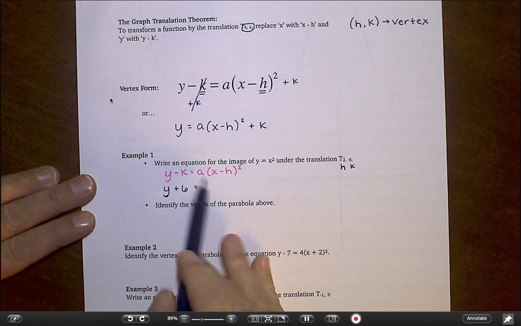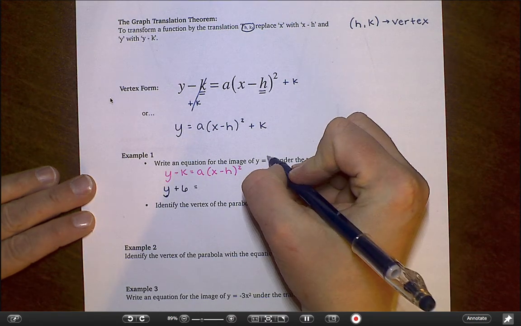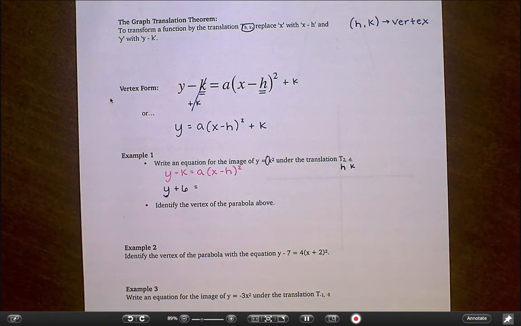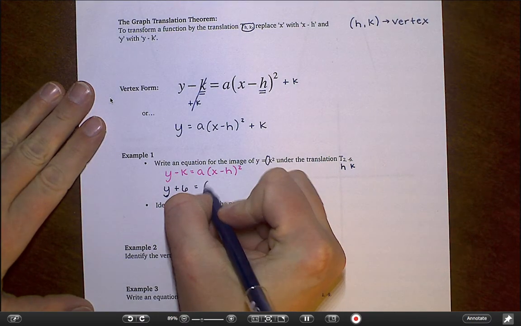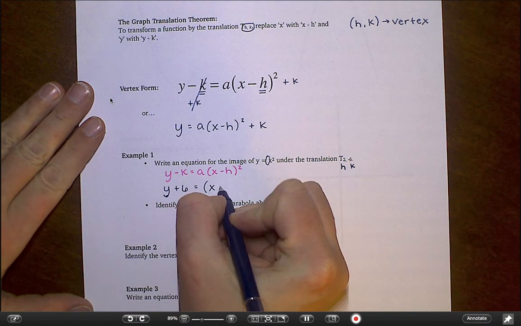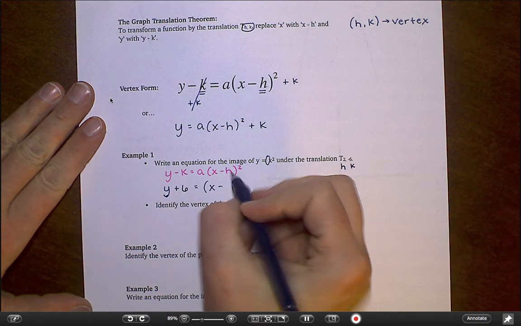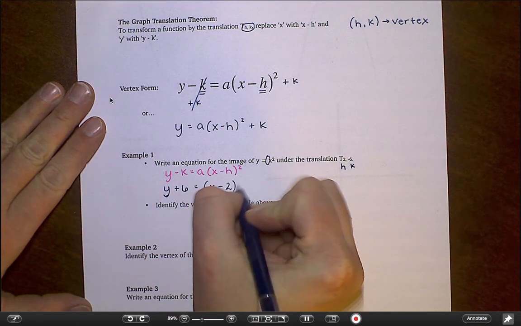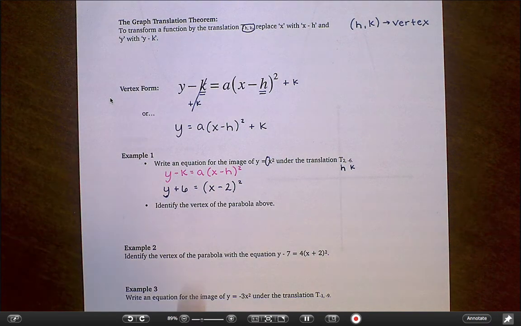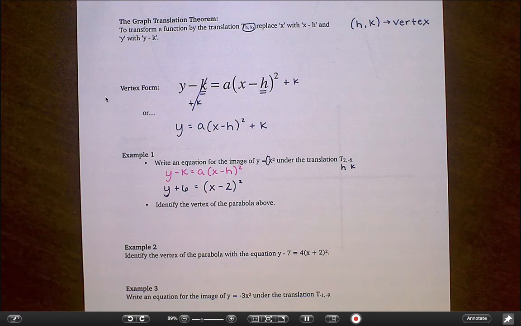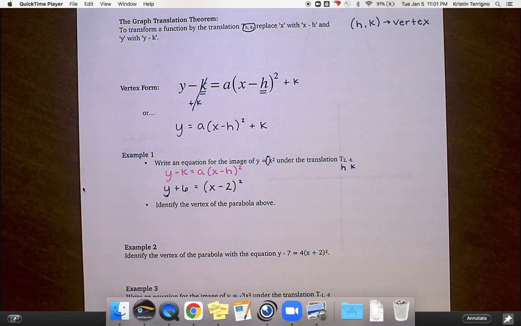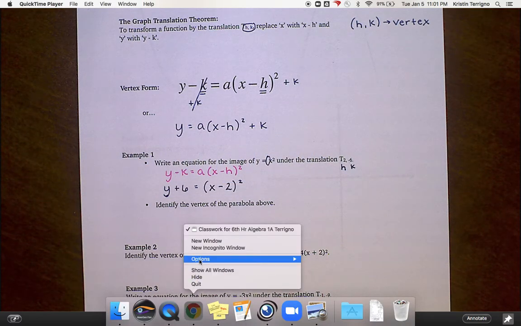The a value is really the number that's in front of the x squared here. In this case, there's no number in front of x squared, so I'm not going to have an a value in my equation. And then I'm going to write x minus my h value, which is 2. Okay, and that would be my equation there. y plus 6 equals x minus 2 squared. Let's take a quick look at that.